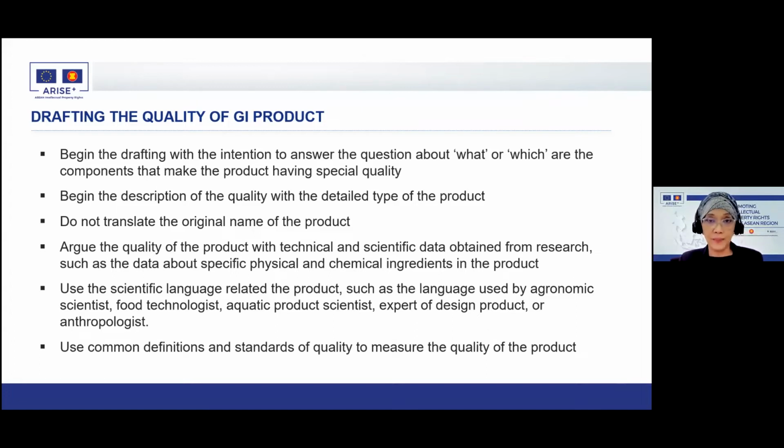If the product is a special handicraft originated from a certain indigenous people, for example, we need the anthropologist data to establish the cultural link, the human factor linkage. And use common definitions and standards of quality to measure the quality of the product.